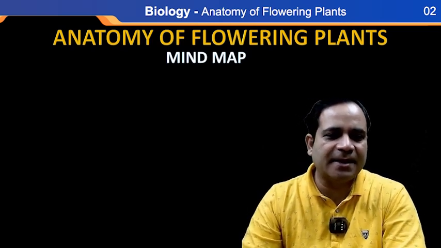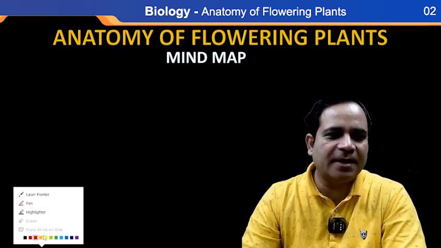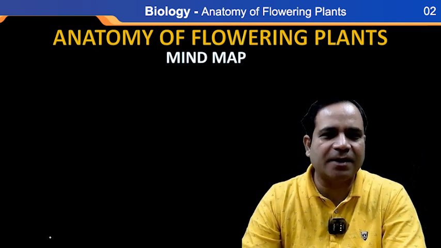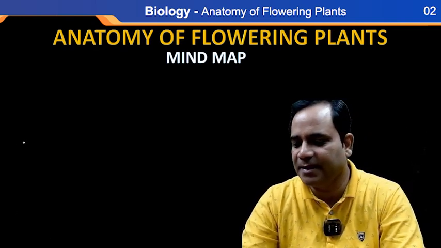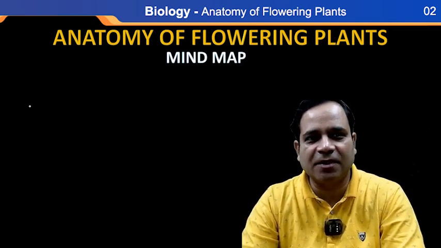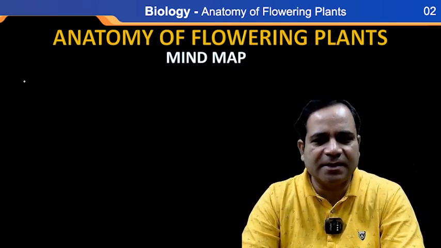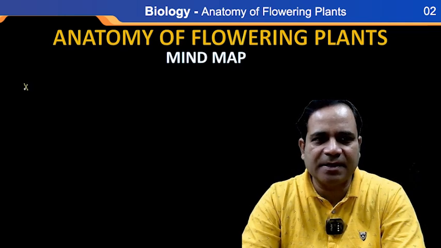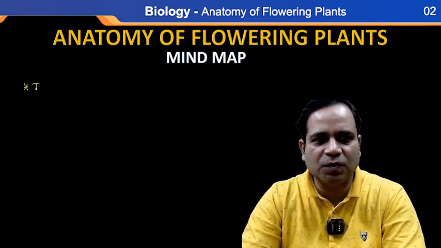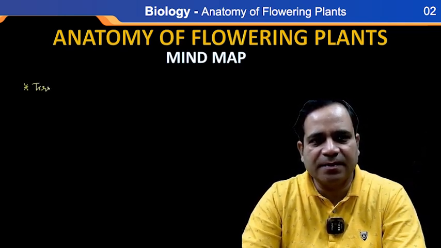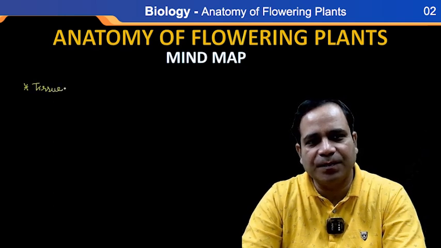If anybody asks you about anatomy, what do you say? If you study the internal structure of plants and animals, it is known as anatomy, my dear. So let's start with the term tissue. What is tissue?